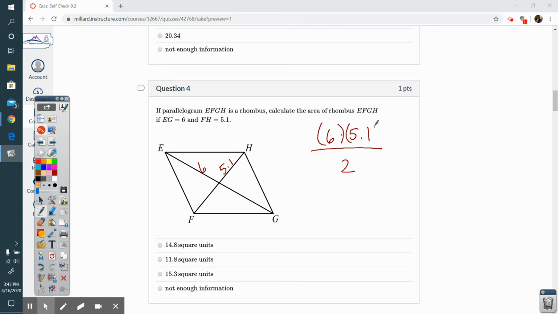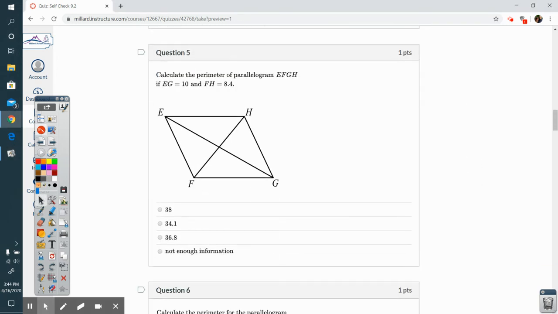So if I put parentheses around it, it might be easier to see. So 6 times 5.1 divided by 2. I've just punched it in my calculator and I get 15.3. So that's the answer right there, 15.3 square units. So you multiply the diagonals, divide by 2.